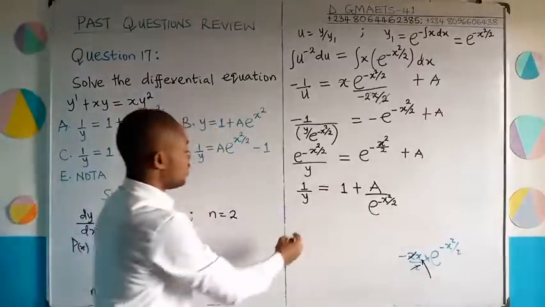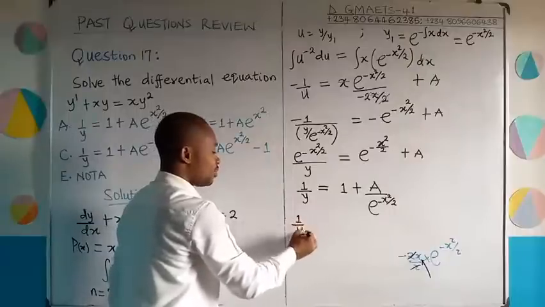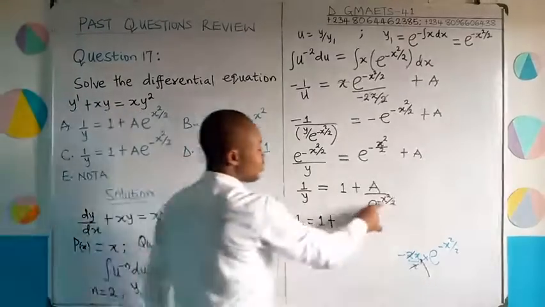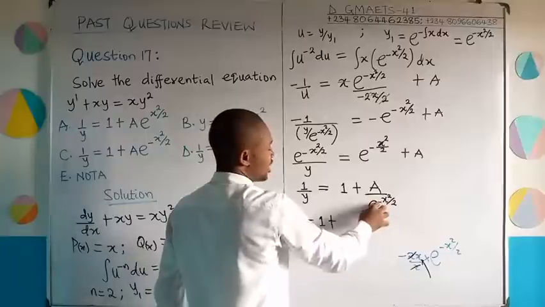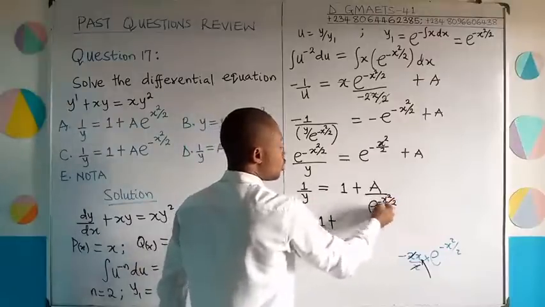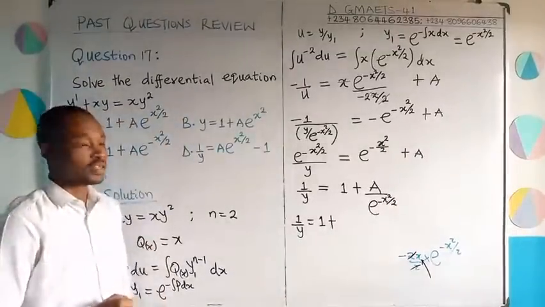I can rewrite this in the form 1 over y equal to 1 plus, if this exponential negative x squared over 2 is to go up to meet a, that negative will change to what? Positive.